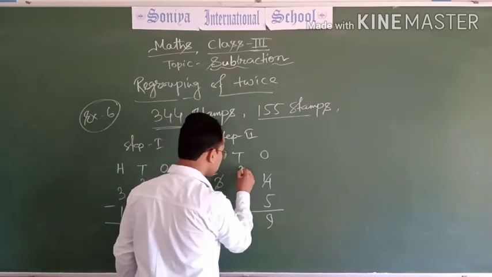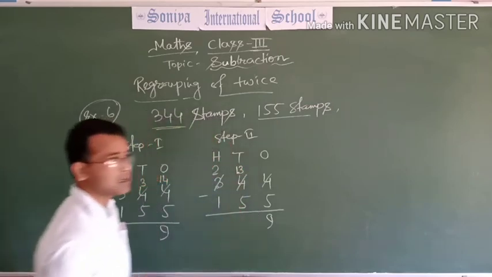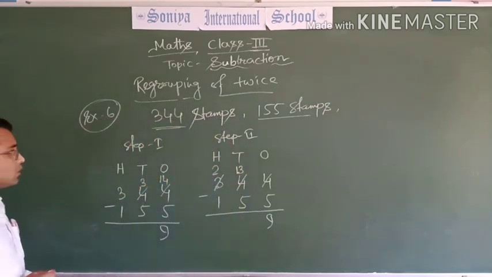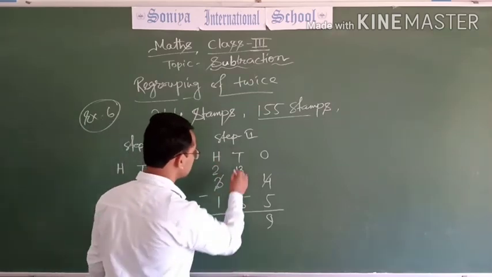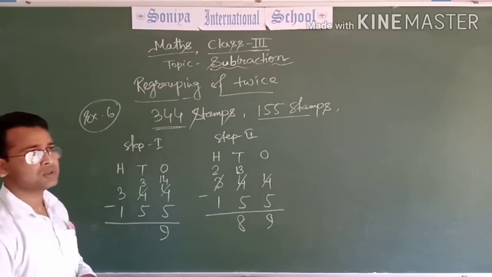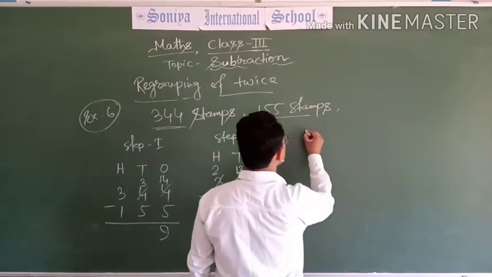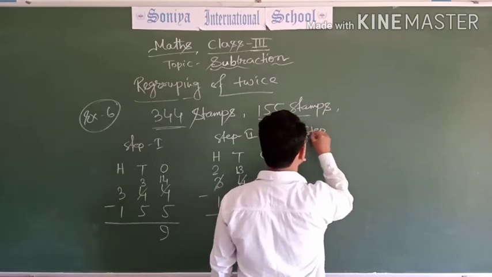So 2 here, and here 10 added, that means 30. So subtract in the tens place: 13 minus 5 is equal to 8.